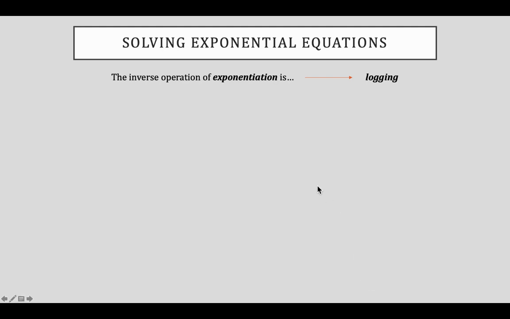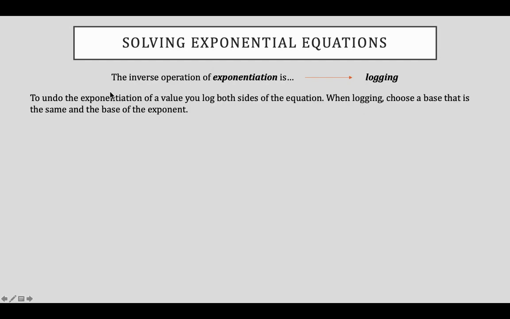All right, so as we just said, the inverse operation of exponentiation is logging. And that comes from our property that logarithmic functions and exponential functions are inverses of each other.